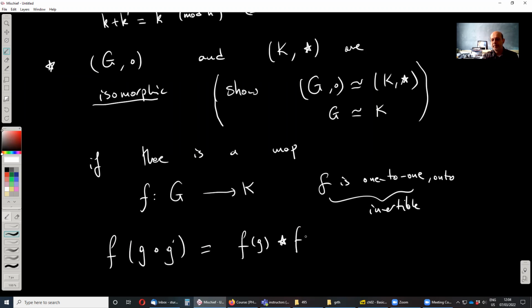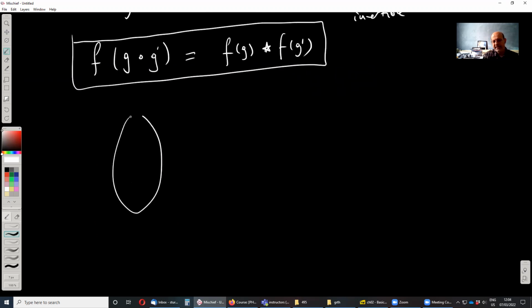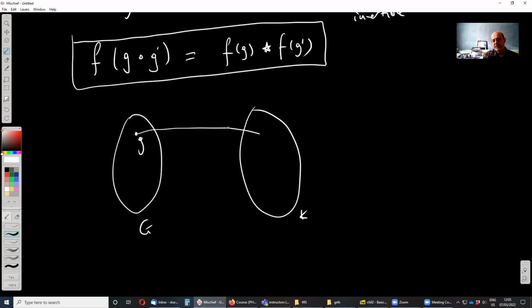Okay, so that's basically the relationship that mathematicians usually write down. But that's what we mean here. So that's the group G and that's the group K. There's an element G here that corresponds to an element K here. There's a second element G prime that corresponds to a second element K prime. And there's a third one that corresponds to K double prime.